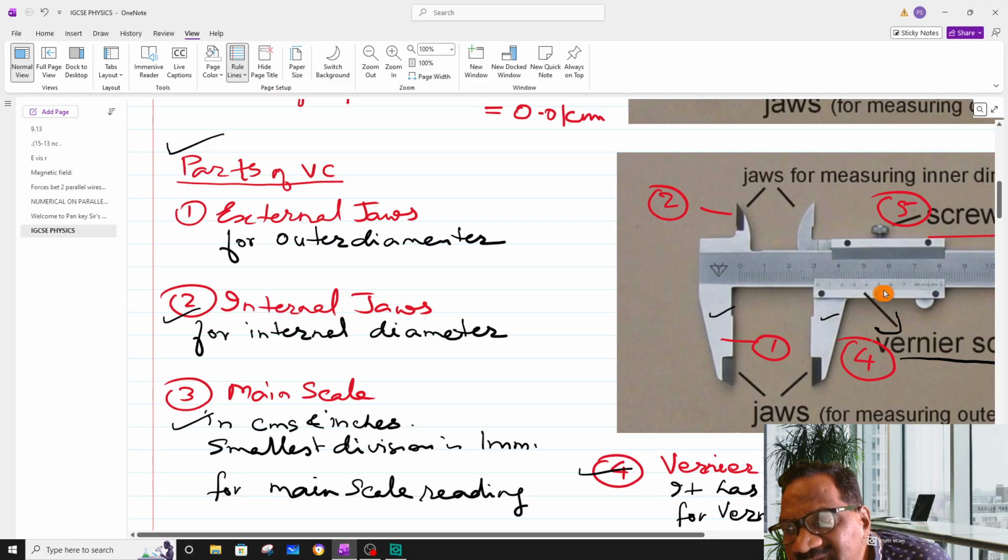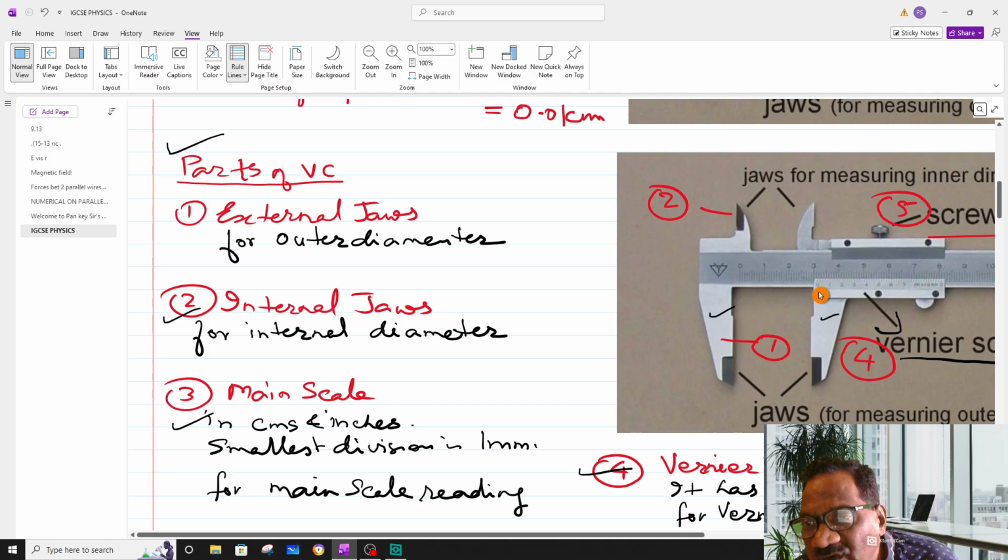So there are 10 divisions on the vernier scale. In between 0 and 1 also, they have given some markings, but ignore those markings. That is only for the accuracy's sake, but it is not taken into consideration for taking the reading.